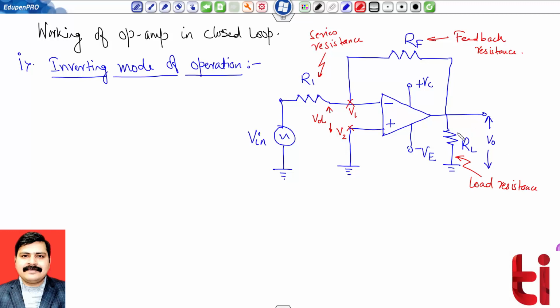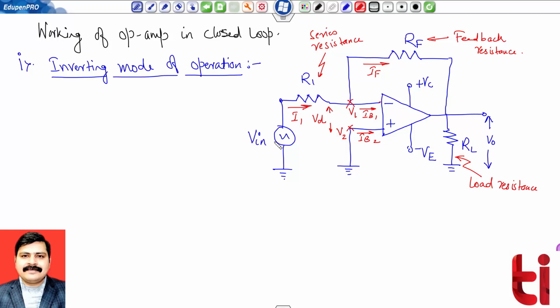Suppose current flowing through resistance R1 is current I1, current flowing through feedback resistance is current IF, and the currents flowing into the op amp are IB1 and IB2.